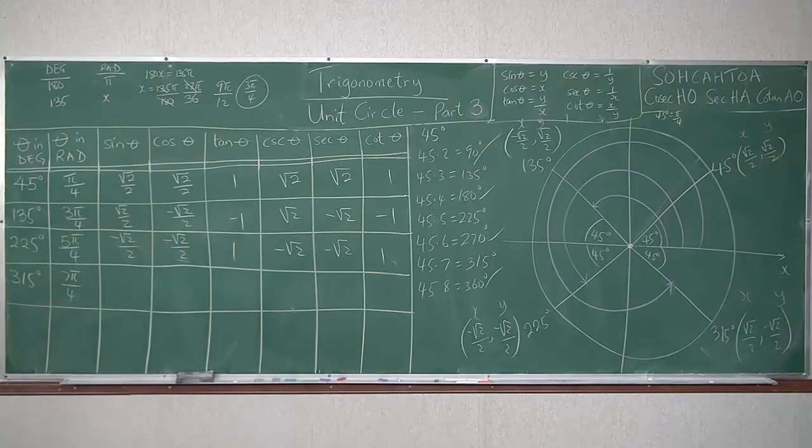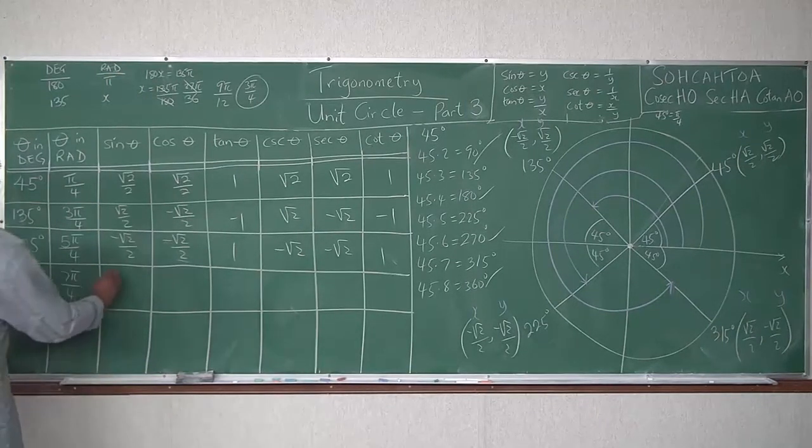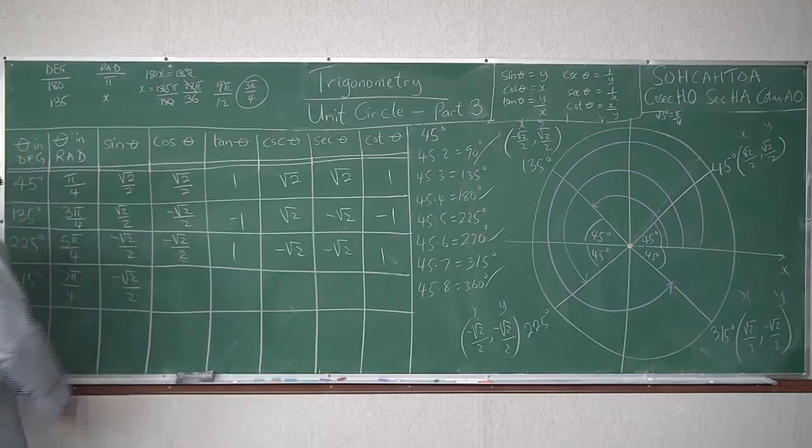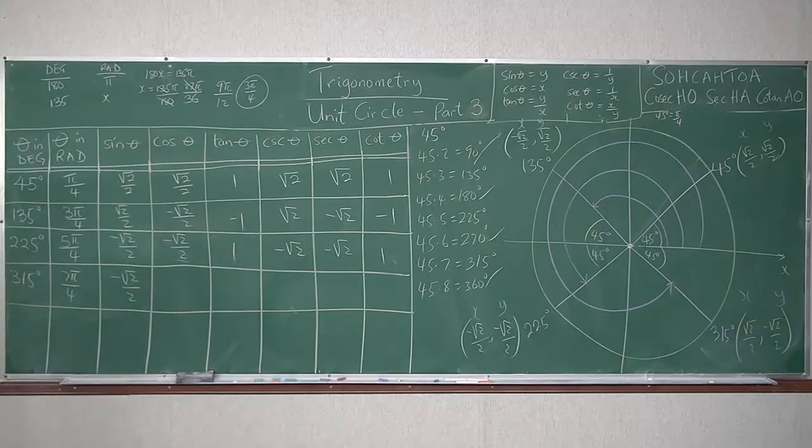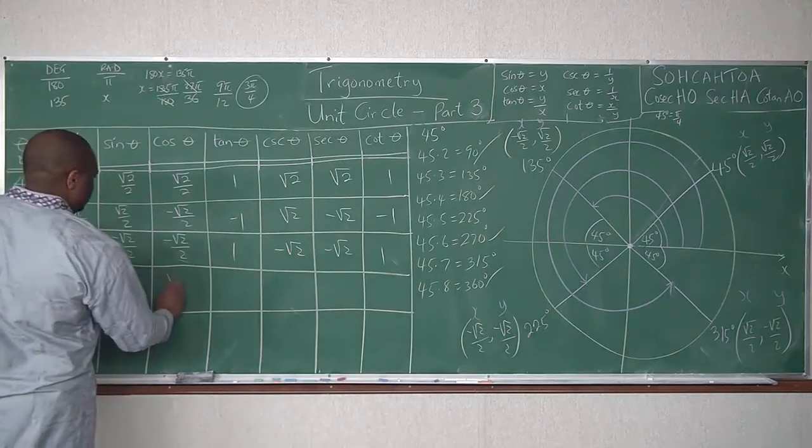Okay? Let's double check. Now, 315, which is 7 pi over 4, sine 315 is the y, negative root 2 over 2. Cos 315 is the x, which is root 2 over 2.